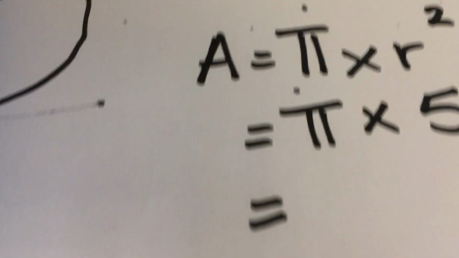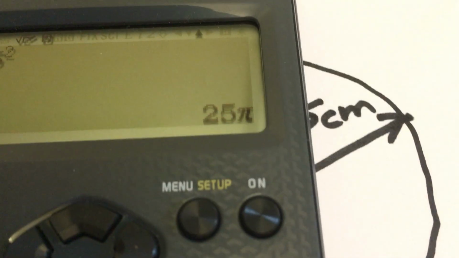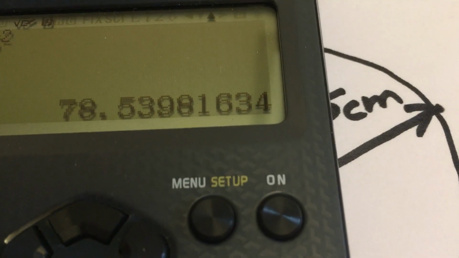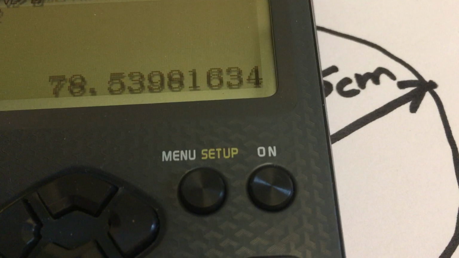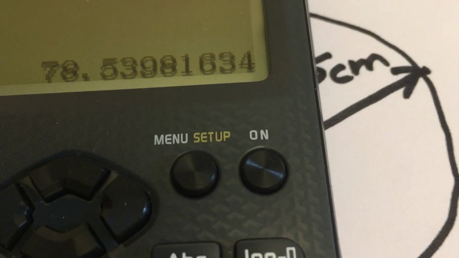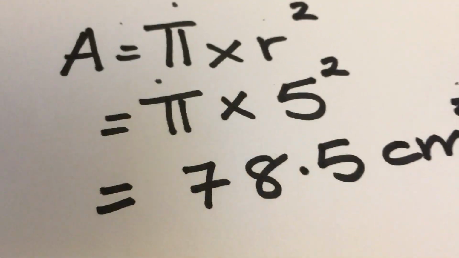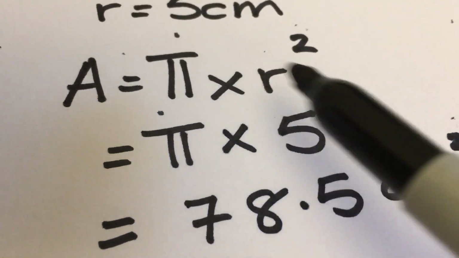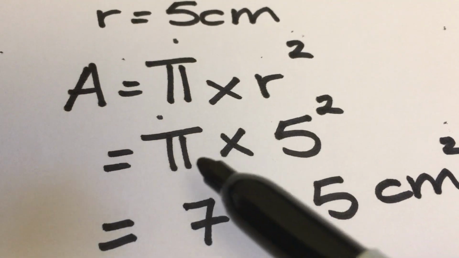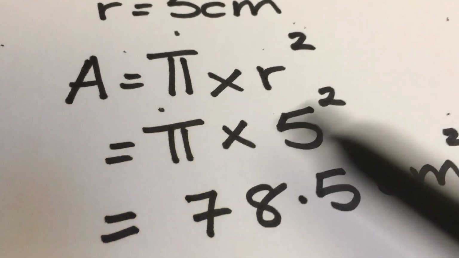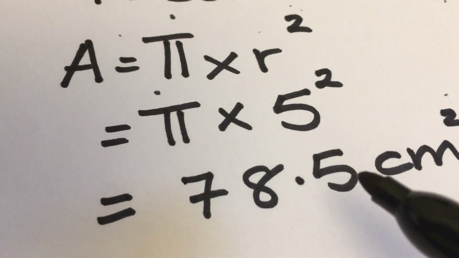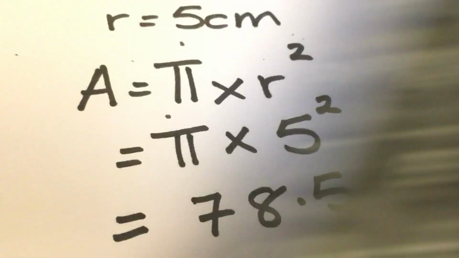Press equals and the answer is 78.5. Units are centimetres squared, to 1 decimal place. So there's your formula: area is pi times radius squared, which is pi times 5 squared, which is 78.5 centimetres squared.